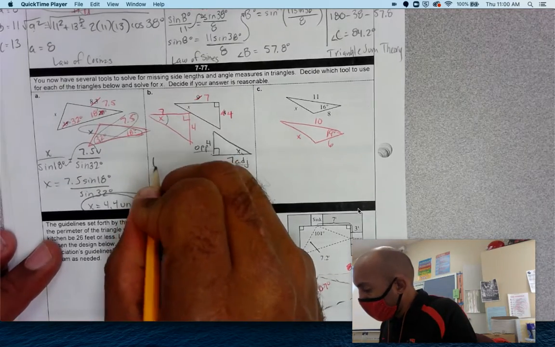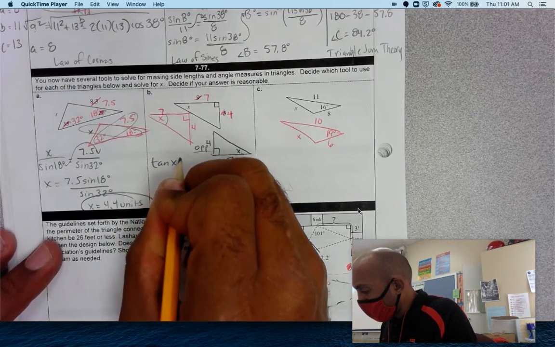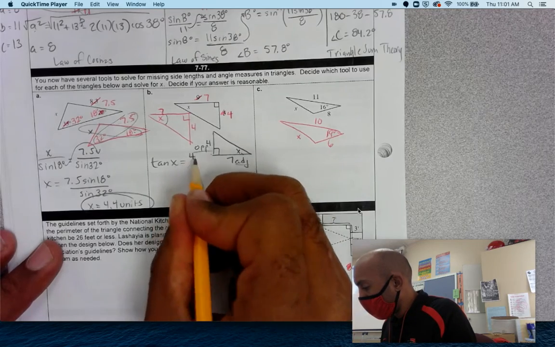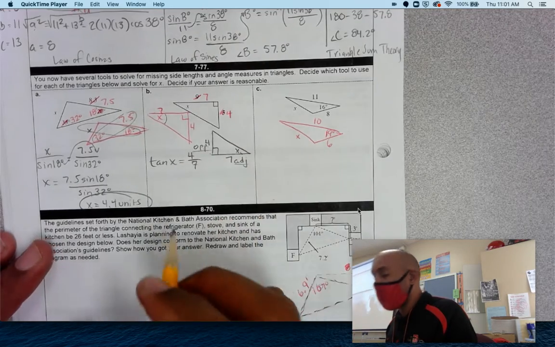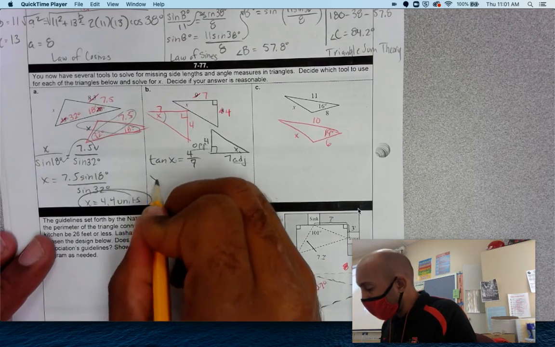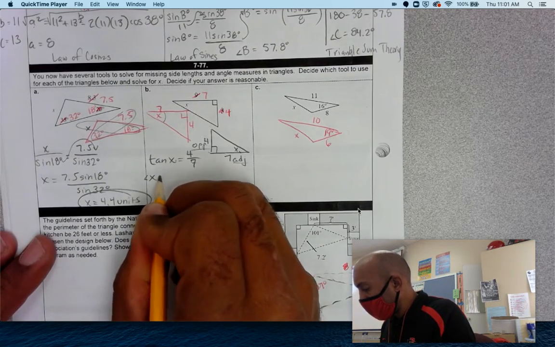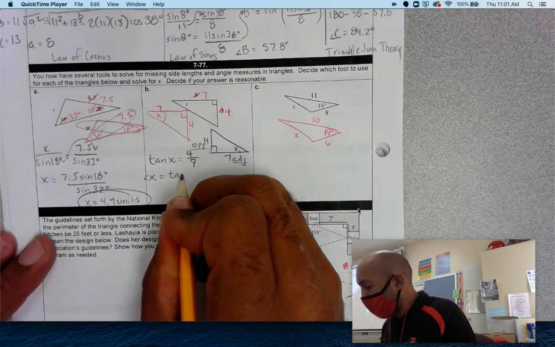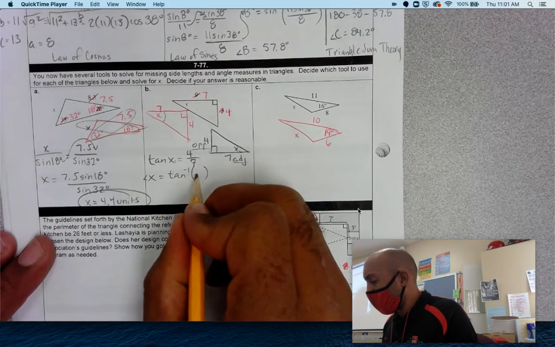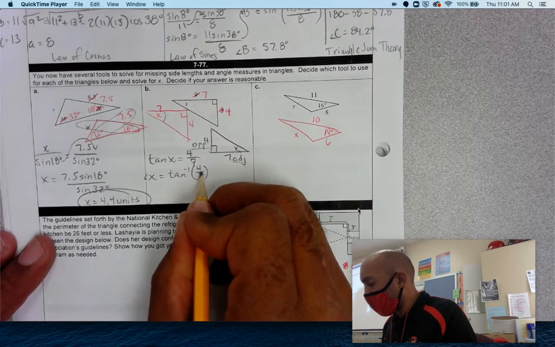So we're going to use tangent of angle x equals the opposite 4 over the adjacent 7. Now, again, I'm looking for the angle, so I'm going to do the tangent inverse of this ratio, or proportion, or this fraction.